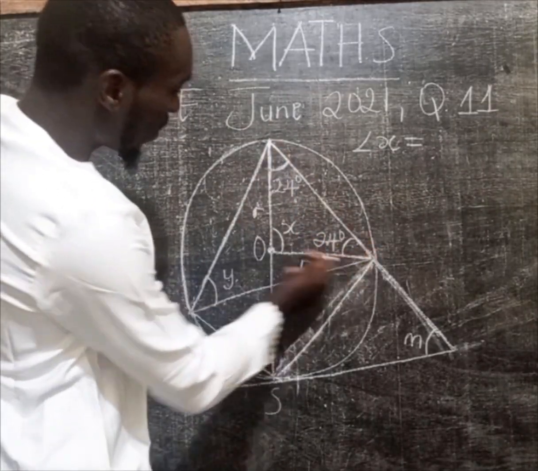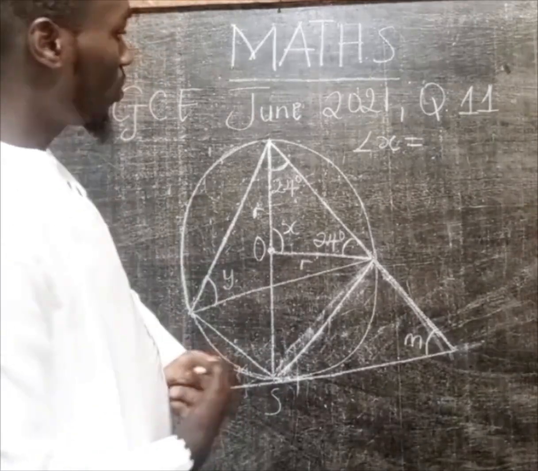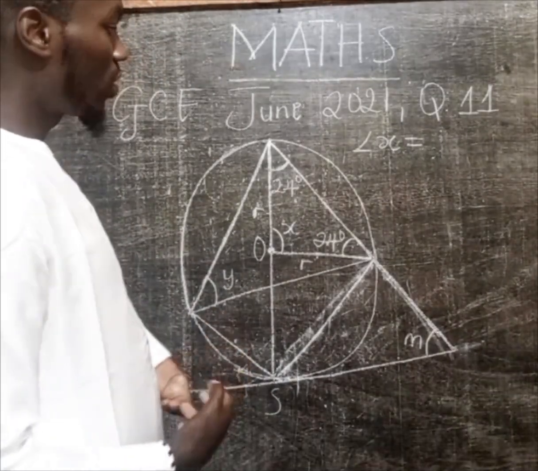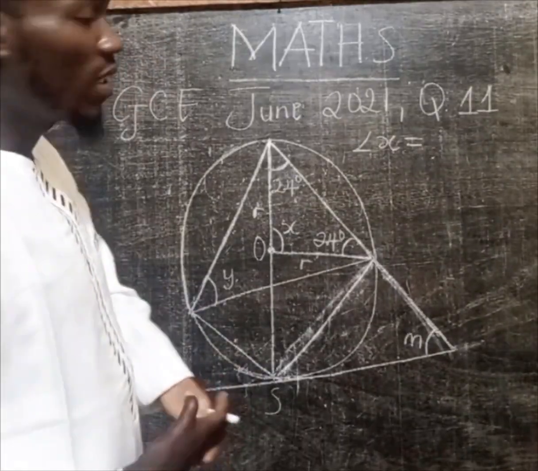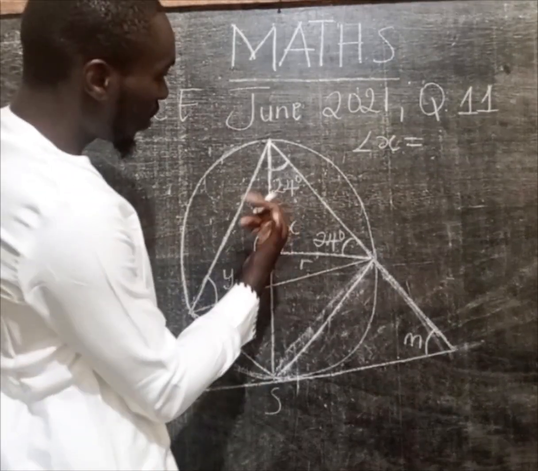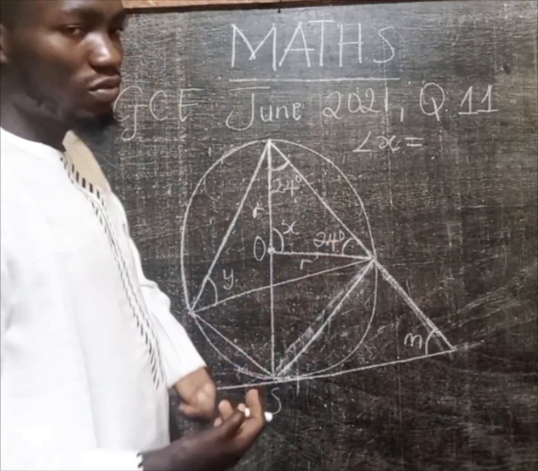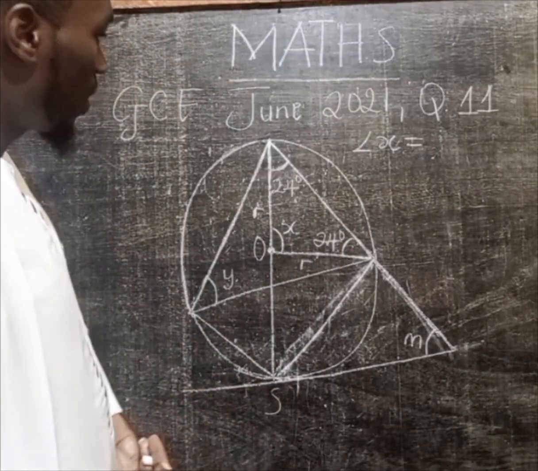And since this shape is a triangle, we know that the sum of the interior angles of a triangle must be equal to 180 degrees. So 24 plus x plus 24 should be equal to what? 180 degrees.